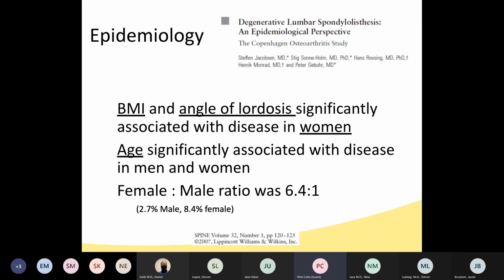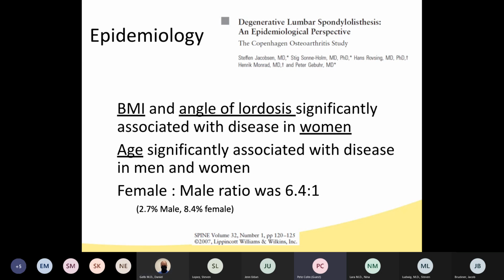When we talk about epidemiology, this was a study from the Copenhagen Osteoarthritis Study, and they included about 1,500 men and about 2,600 women. They were looking for essentially the incidence of spondylolisthesis and potential risk factors for it.